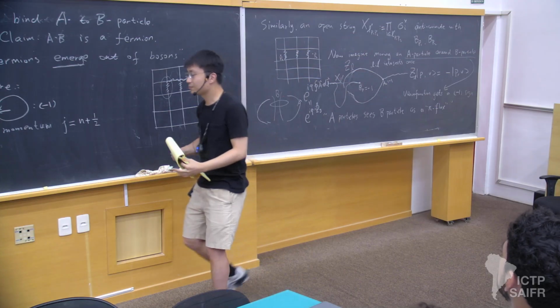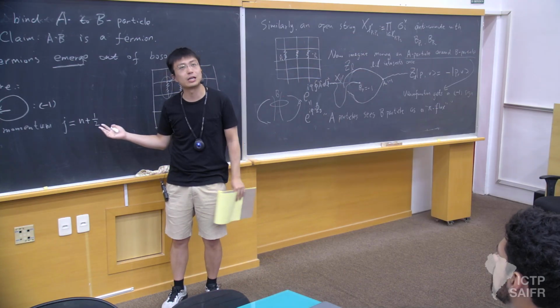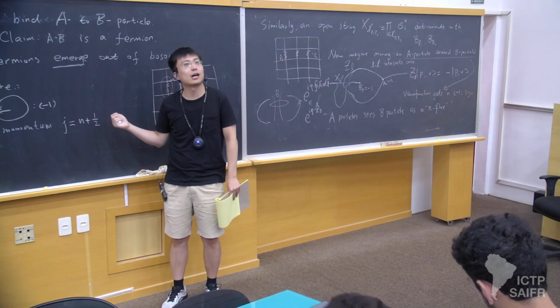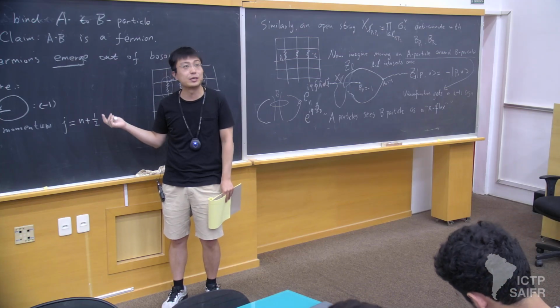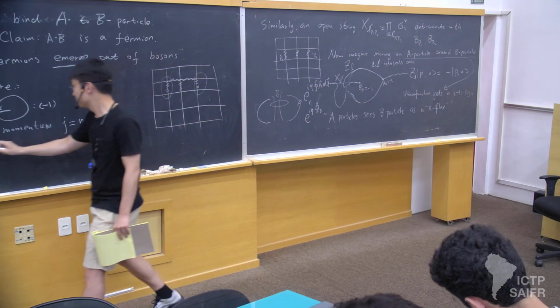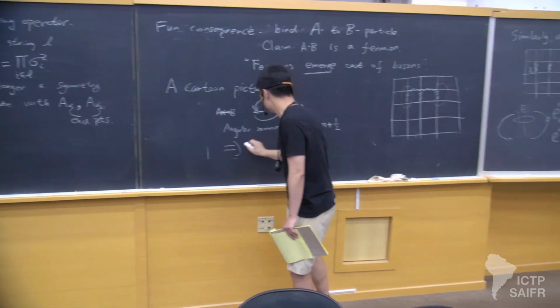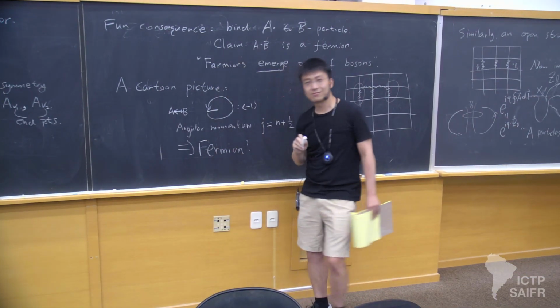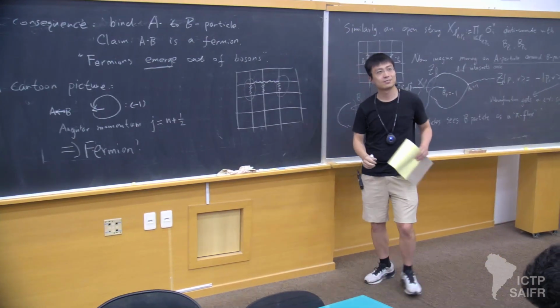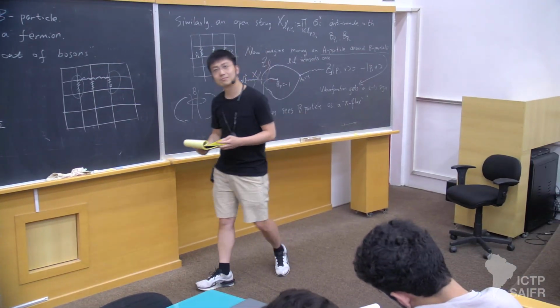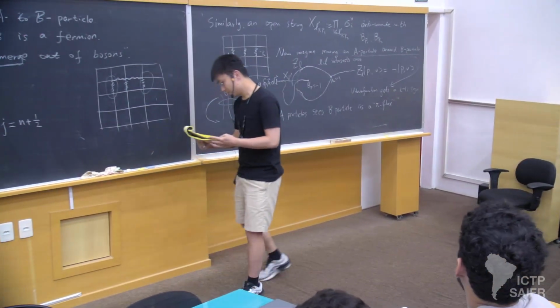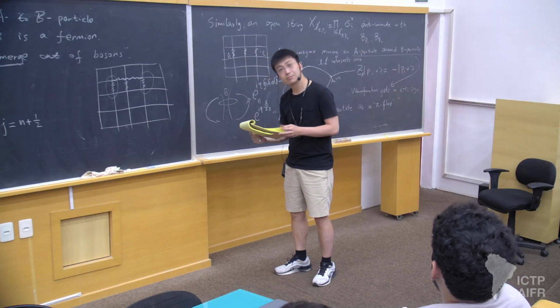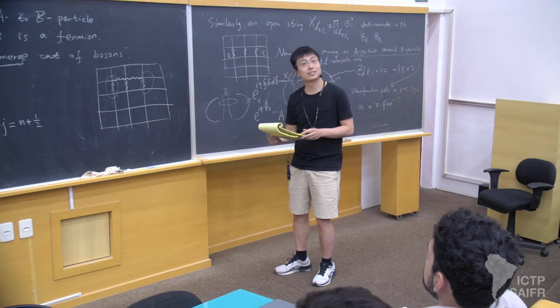So you get a half integer angular momentum, and famously, half integer quantum angular momentum means fermion statistics. Any question about that?